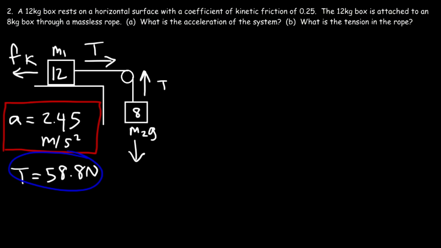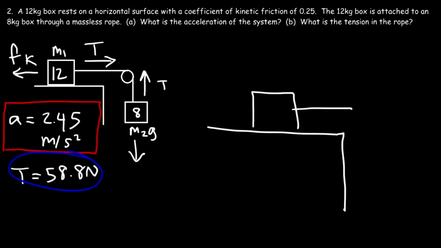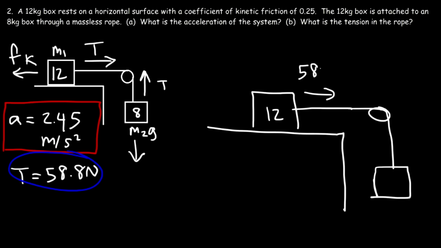So I'm going to redraw the picture, just a lot bigger. So let's focus on the 12 kilogram block. So we have a tension force of 58.8 newtons that accelerates it to the right. And then if we calculate friction, it's going to be the weight force, which is 12 times 9.8, multiplied by mu k, which is 0.25.